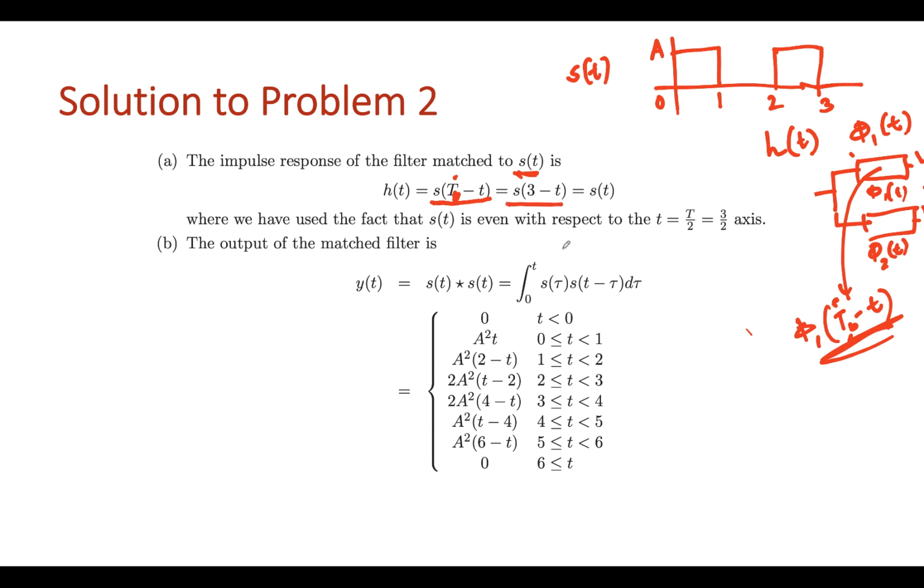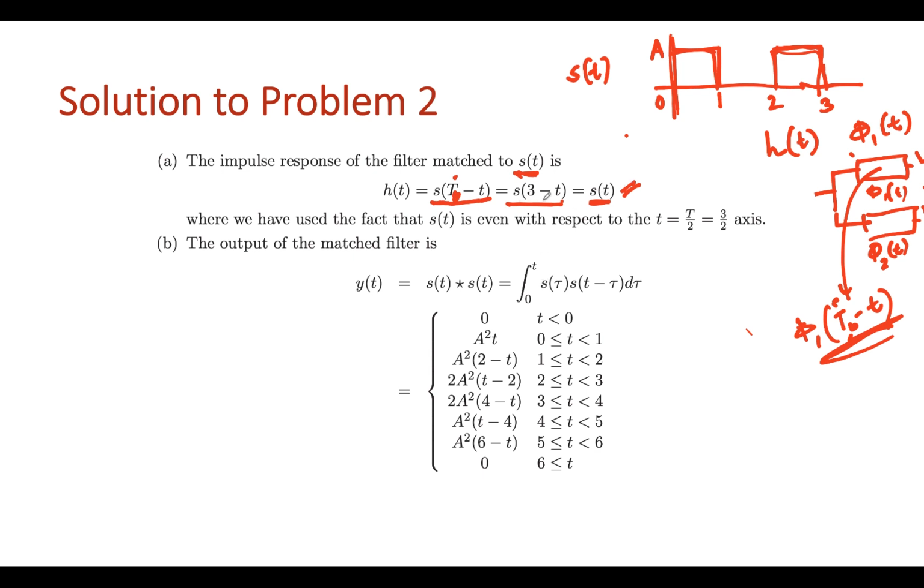And if you look into this signal carefully, this is your st. If you plot s of 3 minus t, then from the structure and symmetry of this signal you will see that s of 3 minus t exactly looks like st. Therefore the impulse response of the filter that is matched to st is basically st itself.